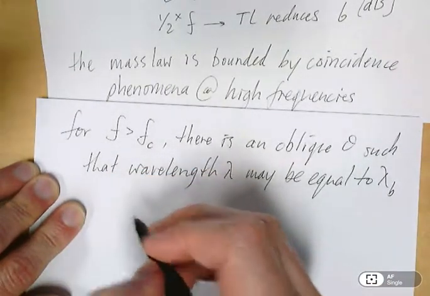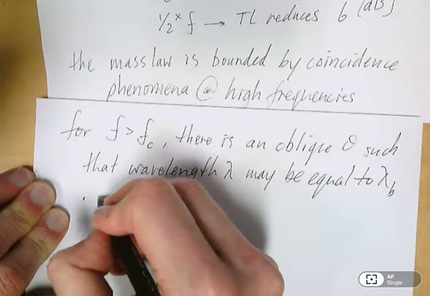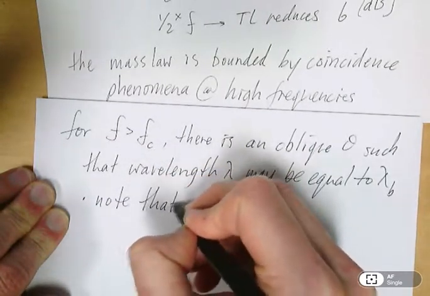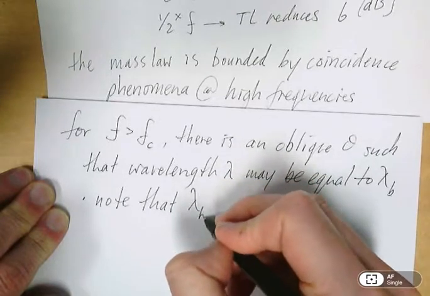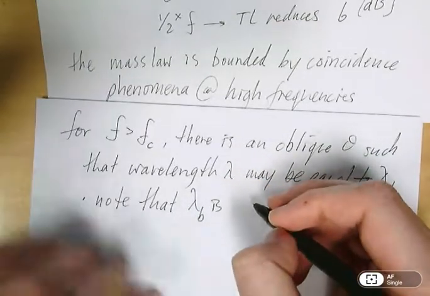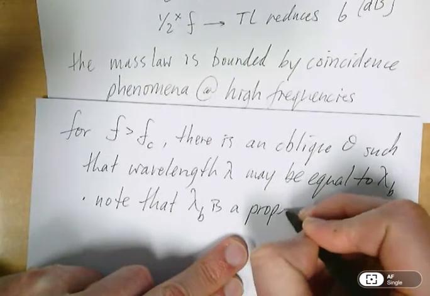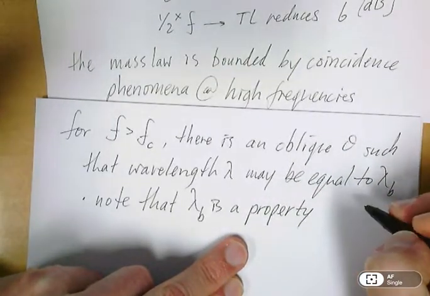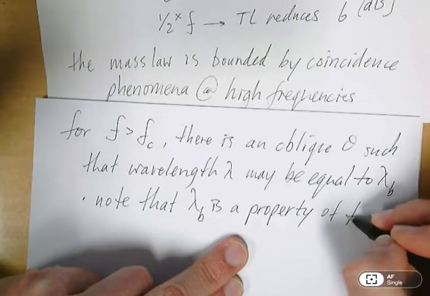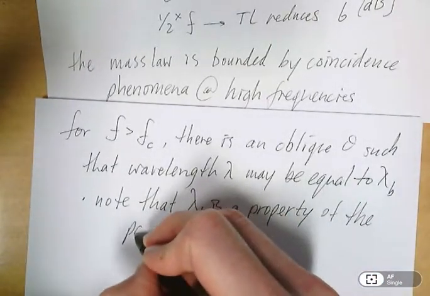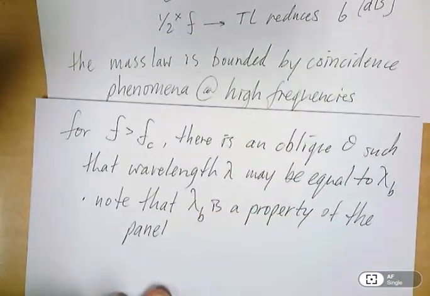And we need to clarify the bending wavelength is a property of the panel and is not dependent upon the acoustics, according to our expression of the bending wave speed from before. So what do we mean by this?